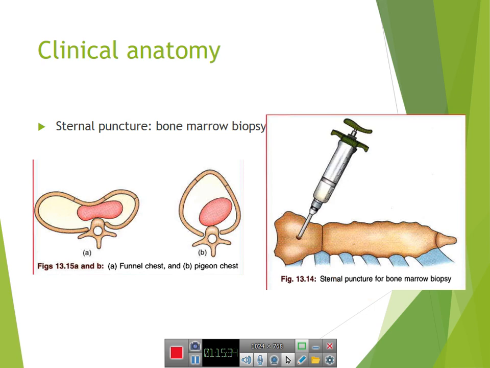Bone marrow for examination is usually obtained by manubriosternal puncture, like this picture. It is done in its upper half to prevent injury to the arch of the aorta, which lies behind its lower half.